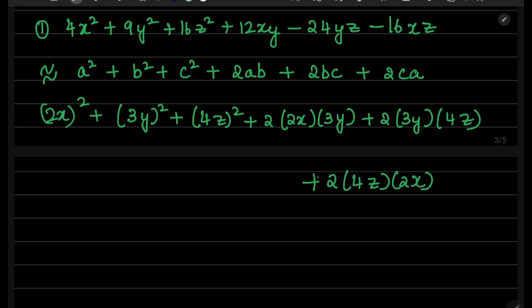Okay, now let us validate. Now here the next problem is you have two negative signs here, isn't it? Remaining everything is fine. This is okay, 4x square, this is 9y square, this is 16z square. Here 2 2s are 4, 4 3s are 12, xy, this is also correct. But here if you see, there's a negative sign. Otherwise, the values are all correct. 2 3s are 6, 6 4s are 24, yz, everything is right. Now, there is a negative sign in two of the terms.